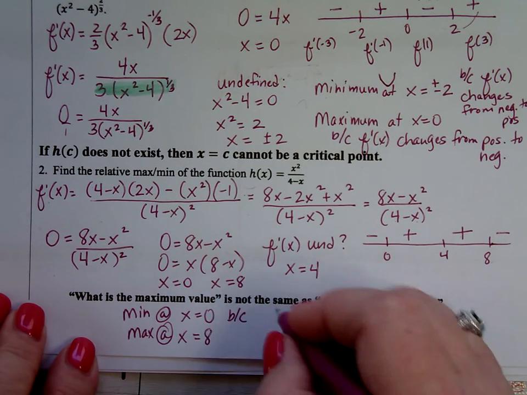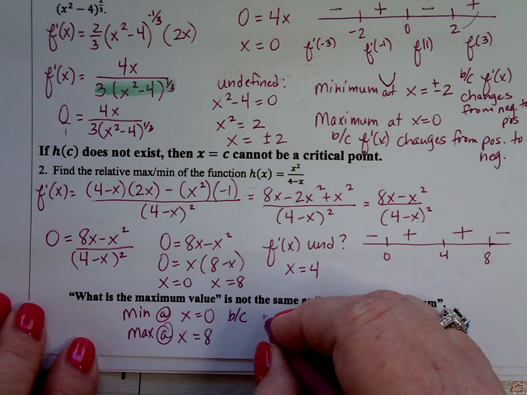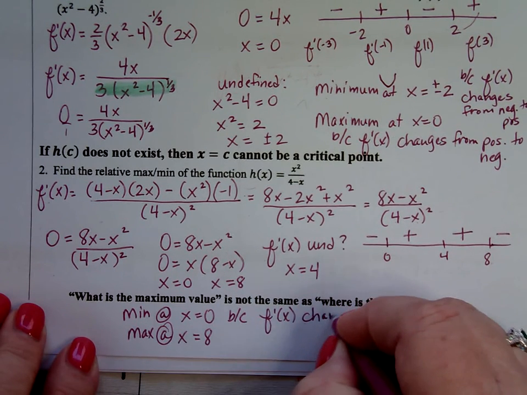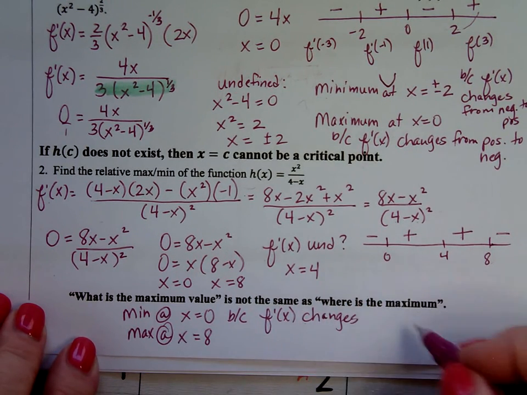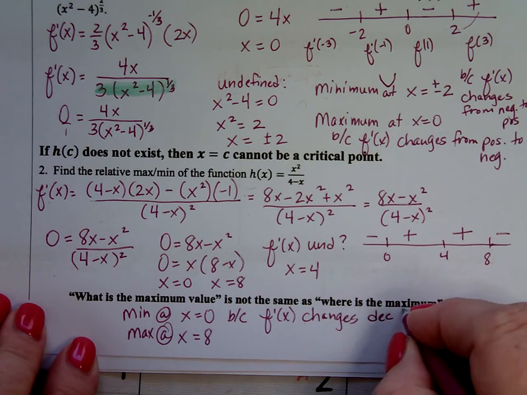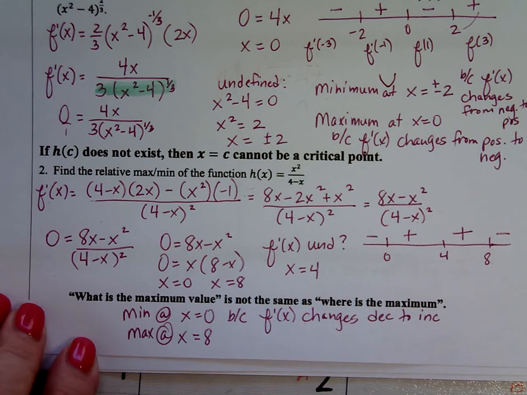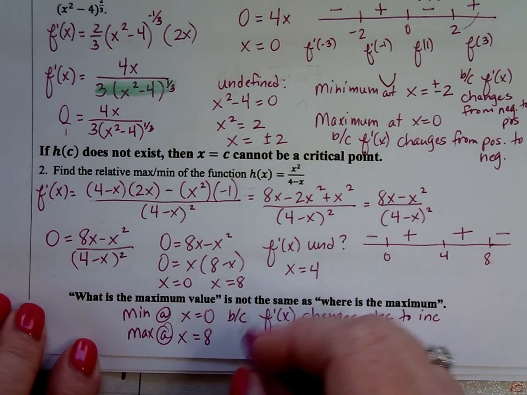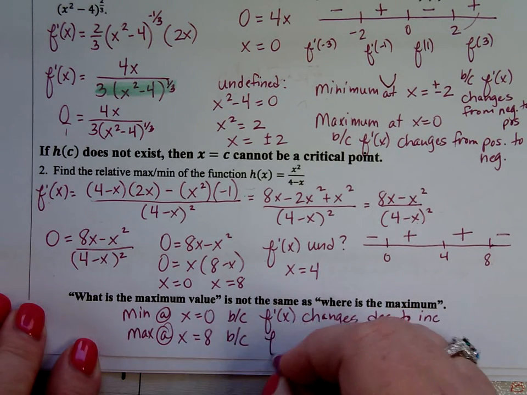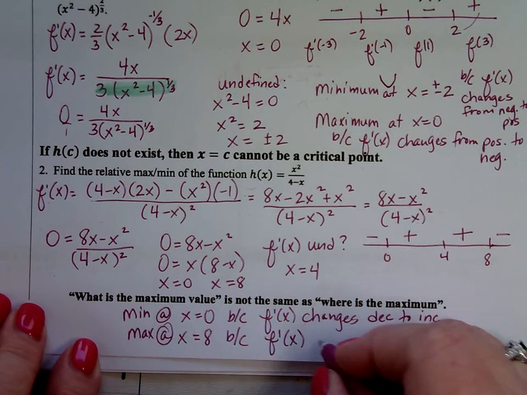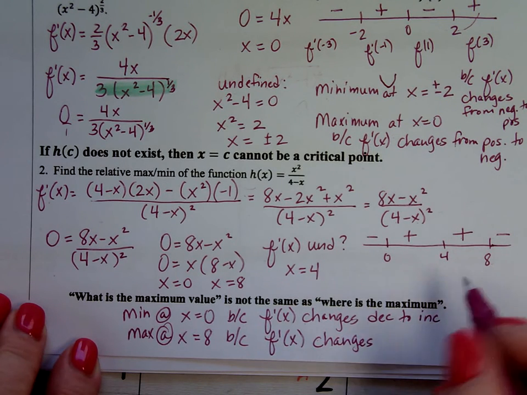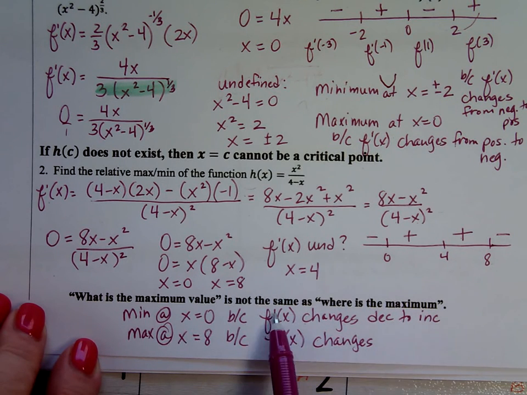Because for a minimum, f prime of x changes, think about minimum, from decreasing to increasing. You could also say negative to positive. They're kind of saying the same thing, so decide which way you like. Actually, I can use this reasoning if I used just the function notation.